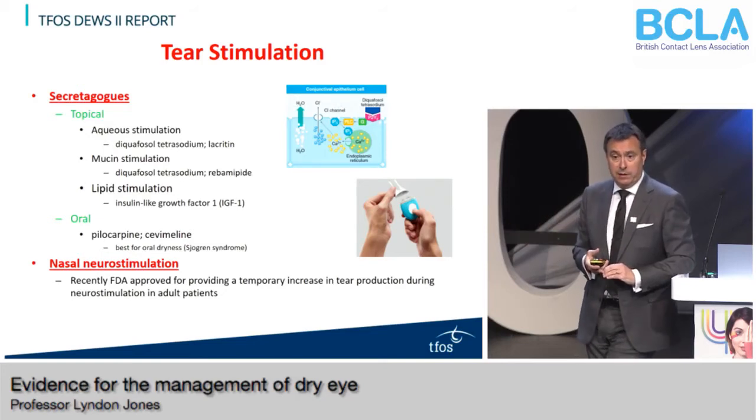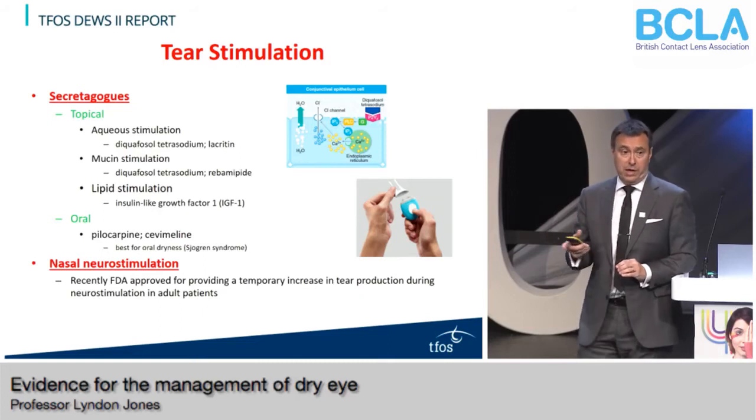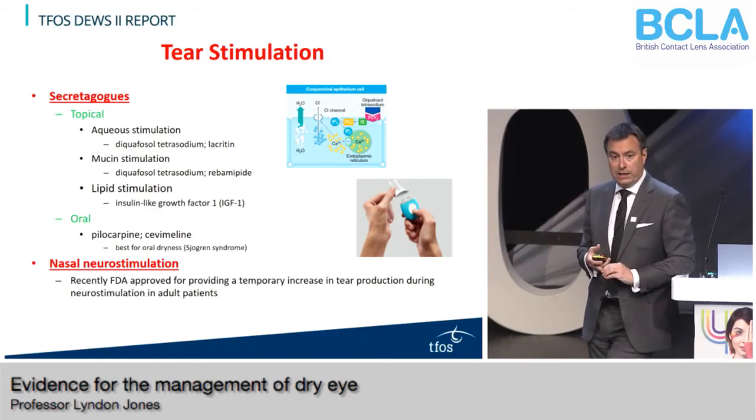Most of these are available in Asia. Also, there are some oral secretagogues that are used in very severe forms of dry eye, typically Sjogren's syndrome, but again, the evidence that's out there at the moment seems to support their use in the management of oral dryness as opposed to ocular dryness.